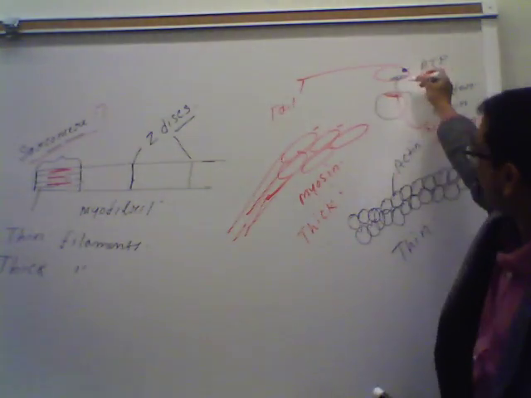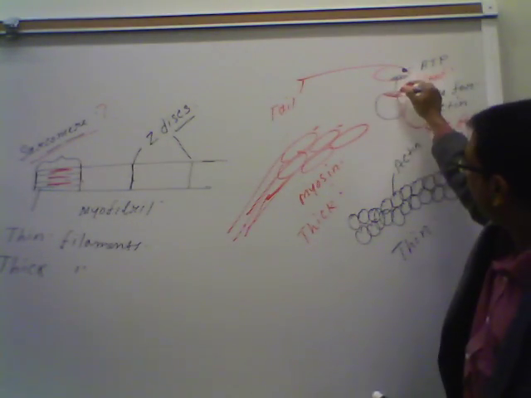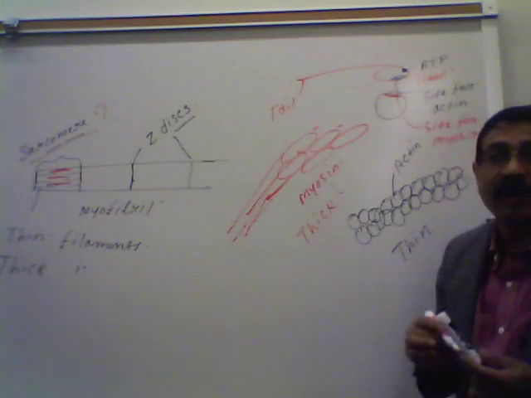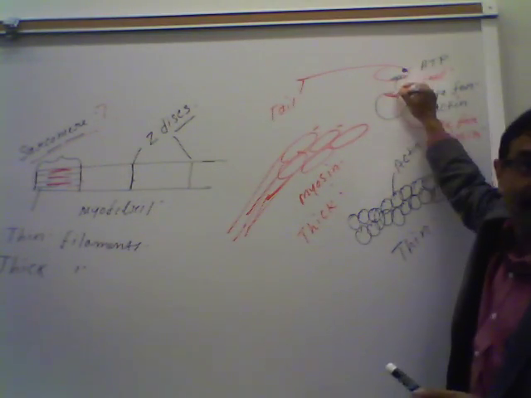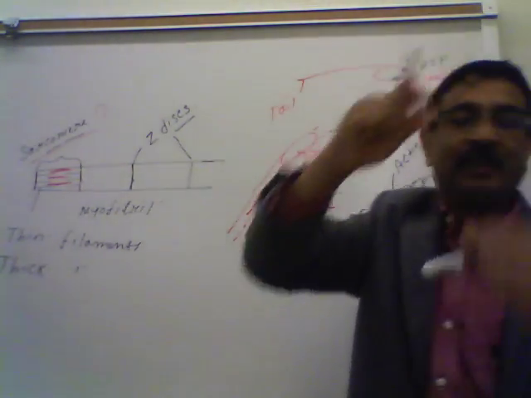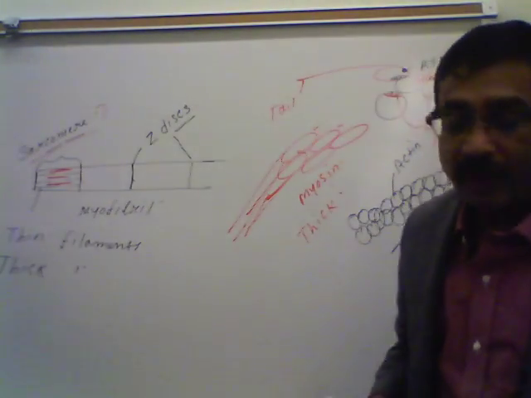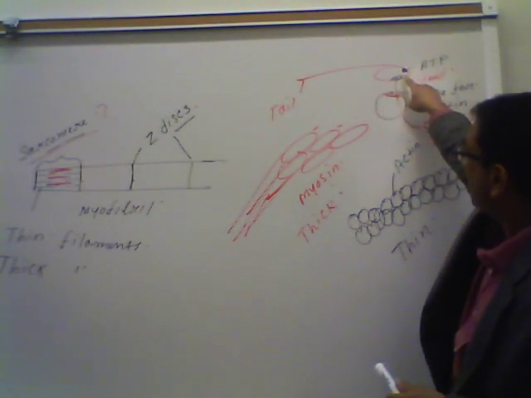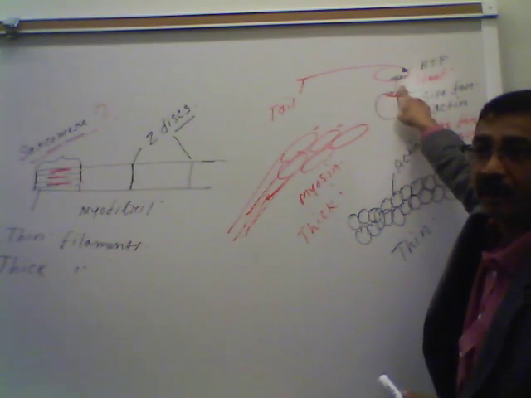So you see, on the myosin head you have the binding site for actin. On actin you have the binding site for myosin. That means the myosin head will get attached to this, right? During muscle contraction, the myosin head gets attached to the actin ball.